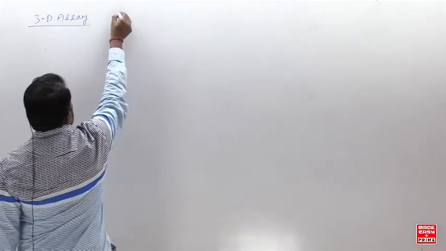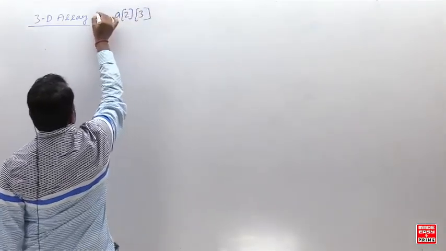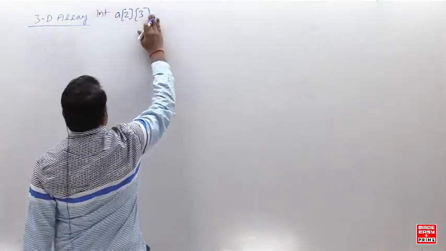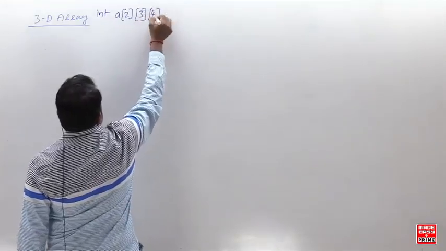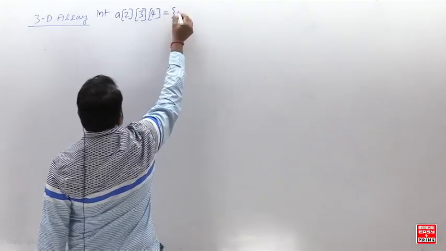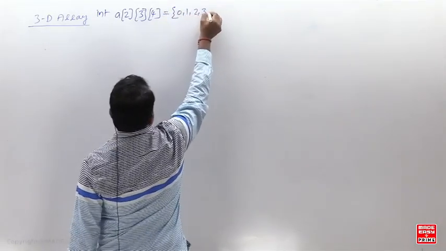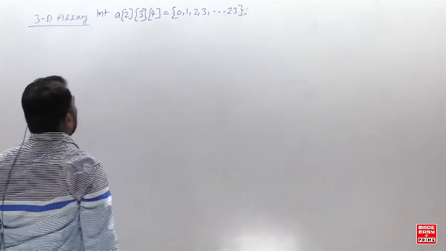I'm declaring integer a of 2, 3, 4, with indices 0, 1, 2, 3 and so on, like this, 0 to 23. Now tell me, if I declare a 3D array like this, keep the heading 3D array.